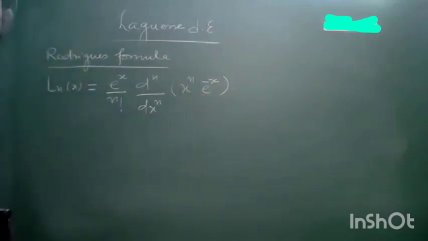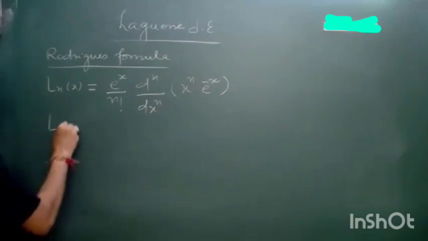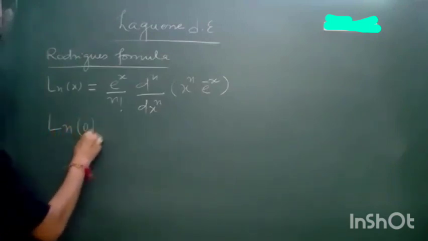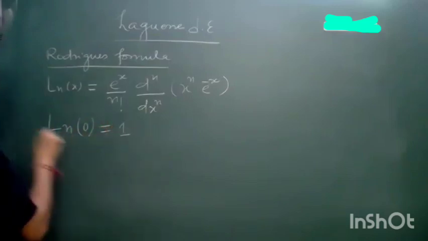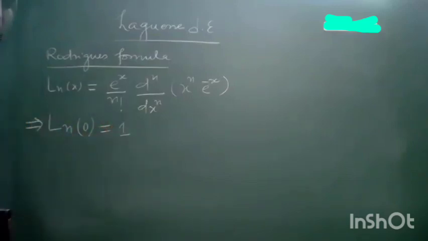So this is how the Laguerre polynomials are calculated. And a very important property is that the value of L_n(0) is equal to 1. So any Laguerre polynomial at 0 gives the value equal to 1.